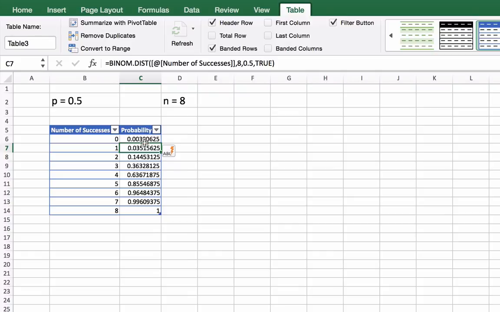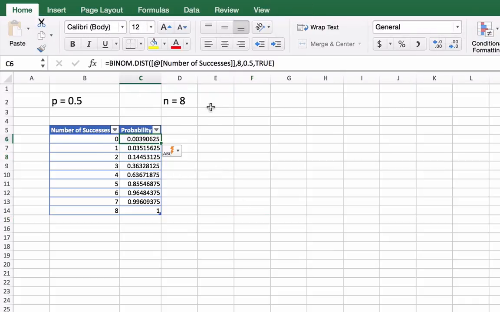So what it has done here is you have about a 0.39% chance of having 0, let's say in this case it's heads. The probability of getting 1 or 0 heads would be about 3.5%. Probability of 0, 1, or 2 heads would be about 14%.